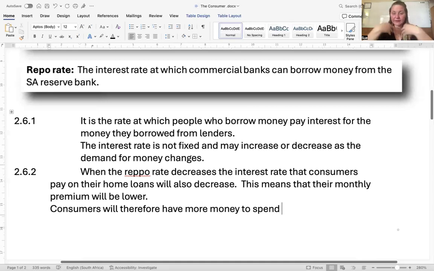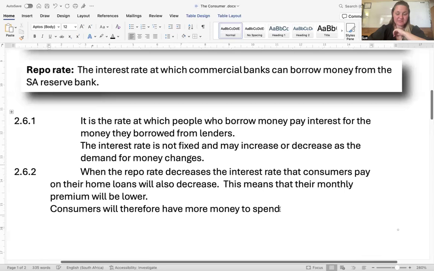Now, we know that money that we have to spend is actually called disposable income. So we have more disposable income. You can say it like that as well. Let me just fix that spelling mistake. So consumers will therefore have more money to spend. When we have more money to spend, it actually means that I have more or a higher buying power, because my money has power to buy.